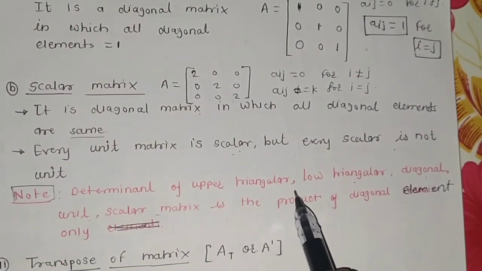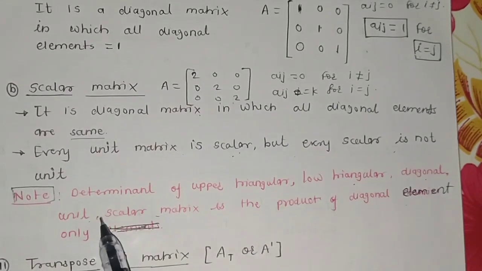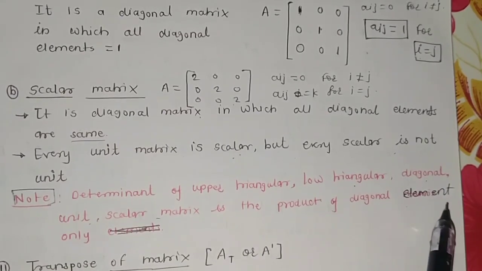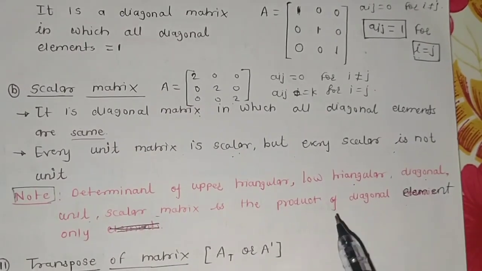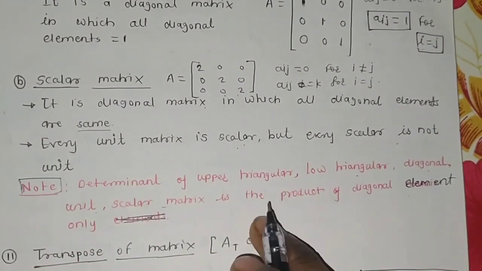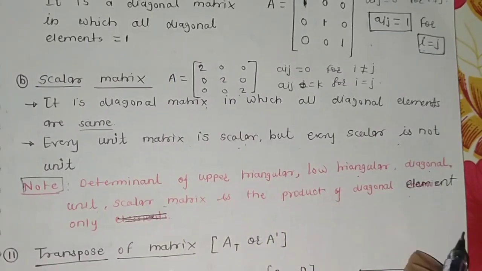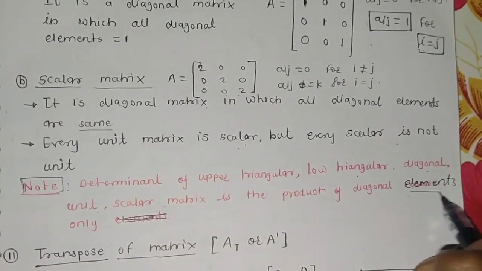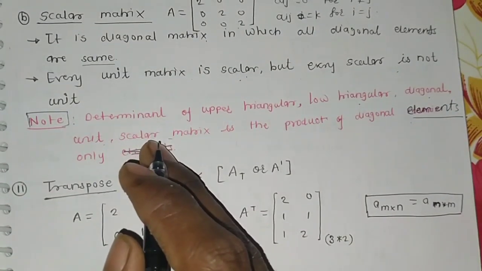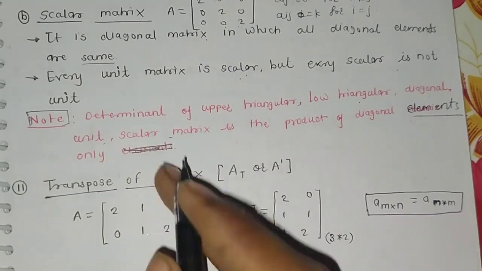The determinant of an upper triangular matrix, lower triangular matrix, diagonal matrix, unit matrix and scalar matrix is the product of the diagonal elements only. This is a very useful note for calculating determinants.